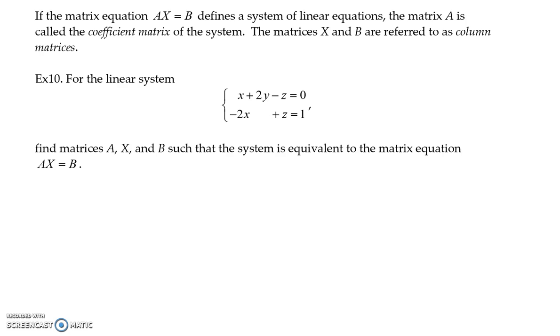Let's look at an example. We have two equations and three unknowns x, y, and z. For the linear system, x plus 2y minus z equals 0, and minus 2x plus z equals 1, find matrices A, X, and B such that the system is equivalent to the matrix equation AX equals B. All right, so for this second equation, let's just note that there's a hidden y with a coefficient of 0: minus 2x plus 0y plus z equals 1.